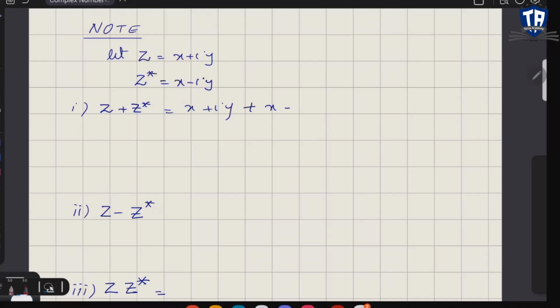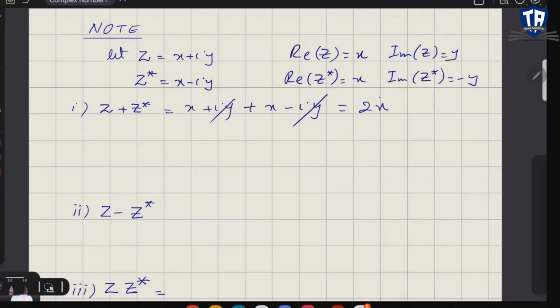The real part of z is equal to x, and the imaginary part of z is equal to y, and the real part of z conjugate is equal to x, and the imaginary part of z conjugate is equal to minus y. So you can see that this x is the real part of z, which gives the result: addition of a complex number with its conjugate will be equal to 2 times the real part of the complex number. So this is the result.